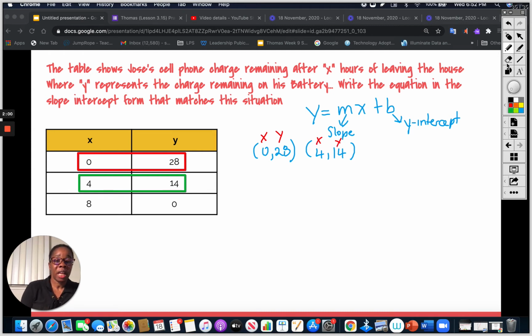In order to calculate slope, we know that our slope is change in y divided by change in x.